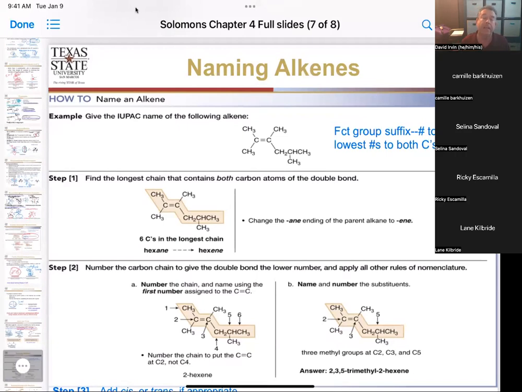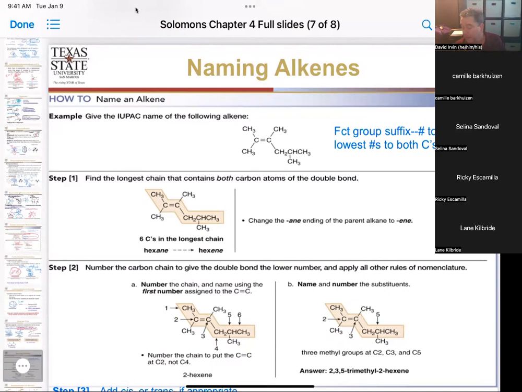So what do we do when we have an alkene, something that has a double bond? The rules change slightly, meaning that the longest chain must contain both of the carbons in the double bond. Write that down. The longest chain must contain both carbons of the double bond.